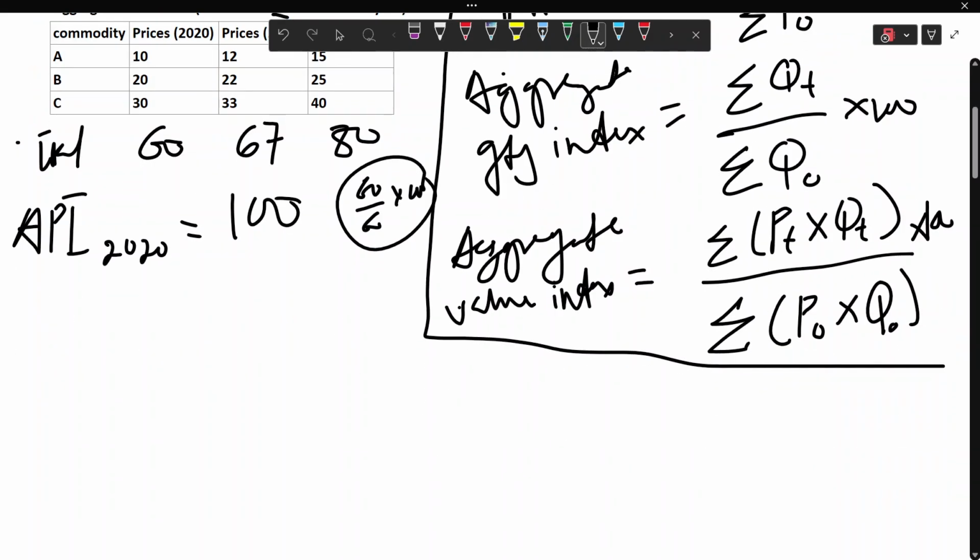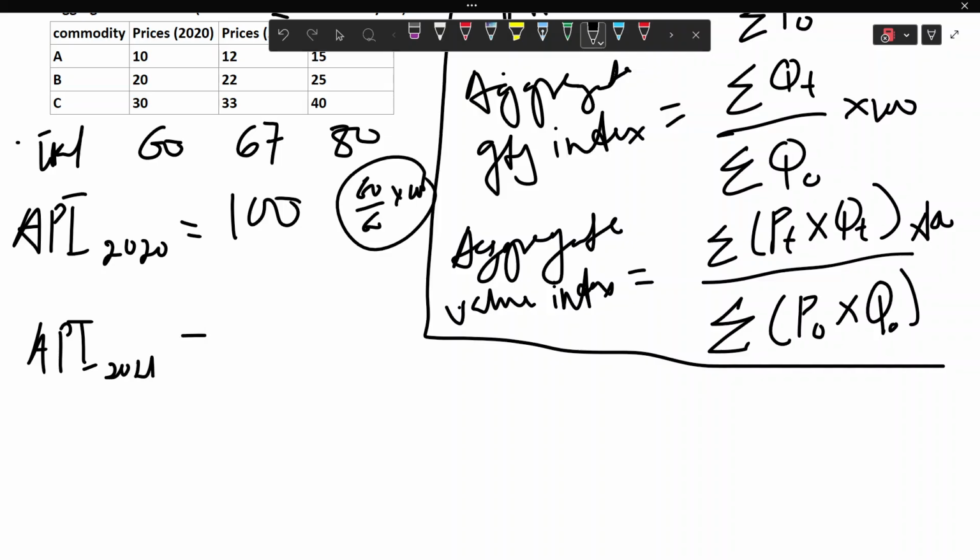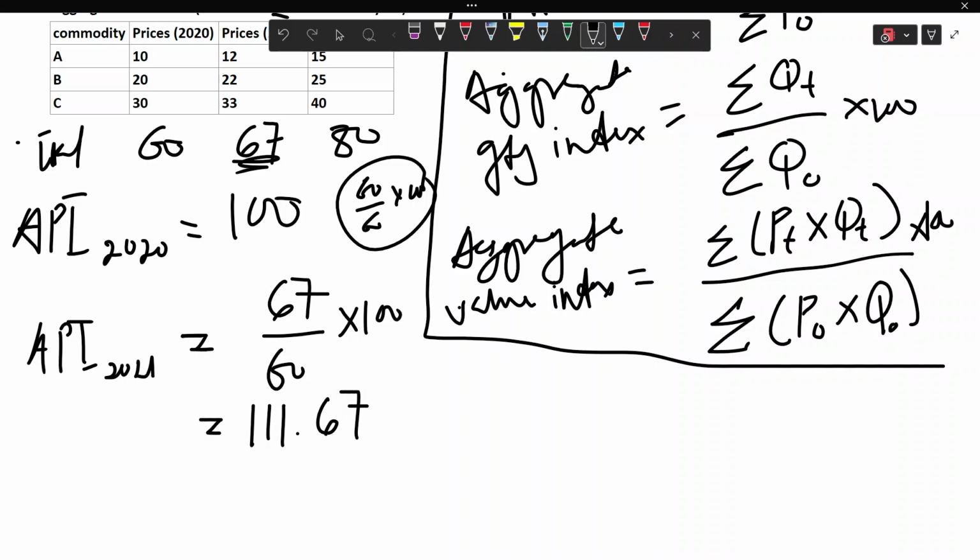Then when we go to the aggregate price index for 2021, it's given by the summation, as what we had here, the total divided by the total of the base year, which is 60. So 67 divided by 60 times 100, 111.67.